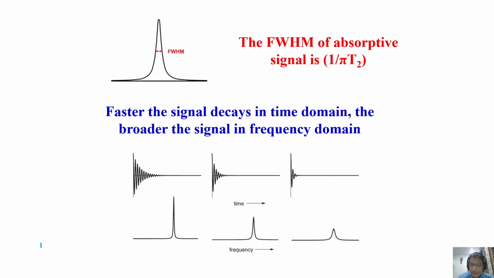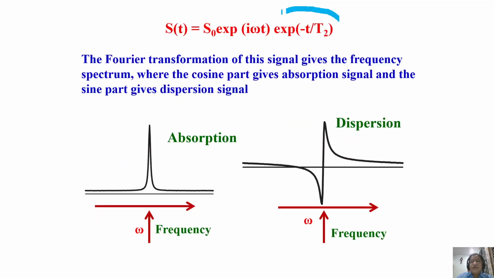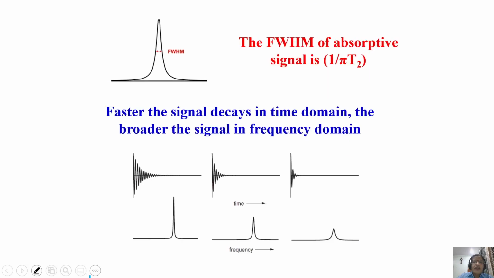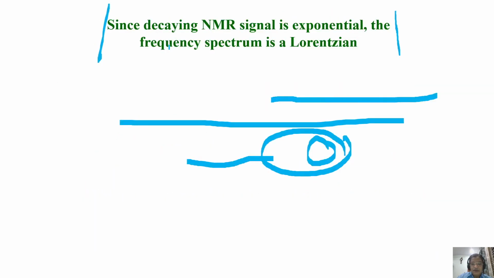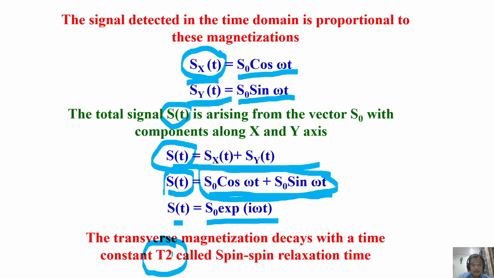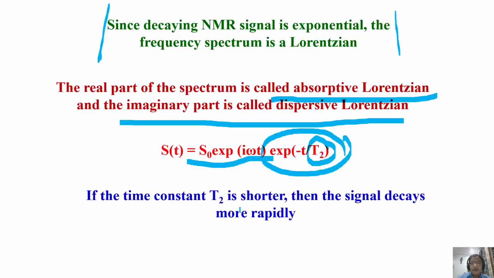Now, I said this has an exponential function, e to the power of minus t by T2. I also said the Lorentzian depends upon the full width at half maximum. Remember in one of the slides I wrote e to the power of minus i omega t, and that the transverse magnetization decays with a time constant T2.